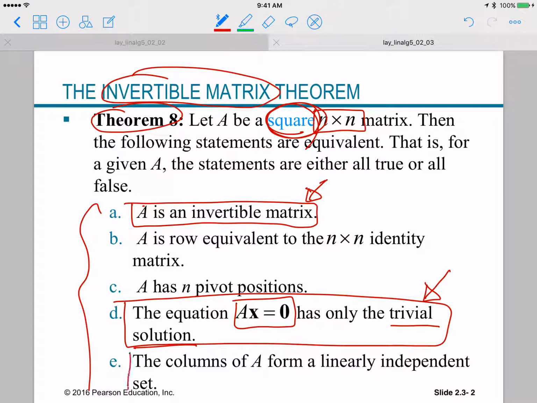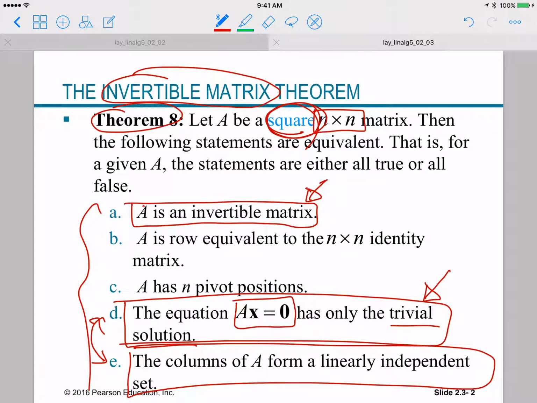And then also, what about this one? The columns of A form a linearly independent set. So D and E were the same thing, right? That was the definition of a linearly independent set.